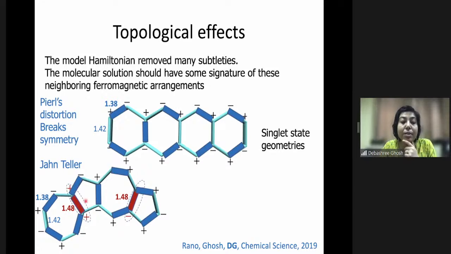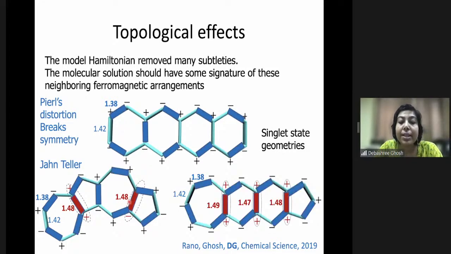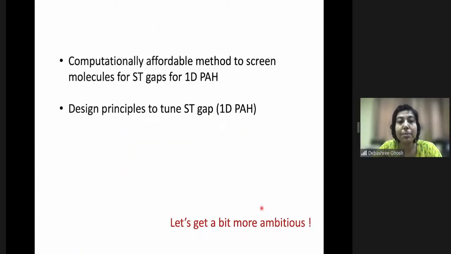So here you see the bond lengths are increasing quite a bit. It's almost like a single bond, very close to a single bond. In the case of fused acene azulenes, the number of such single bond like things are even larger. So our hypothesis is in fact confirmed by the signatures that we find in the molecular Hamiltonians.